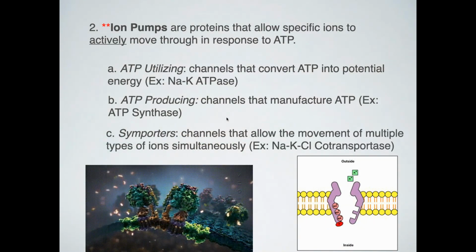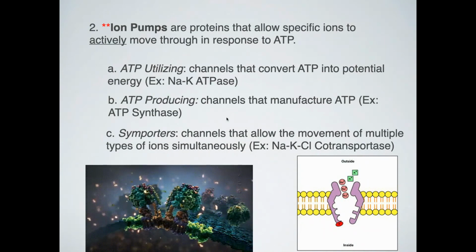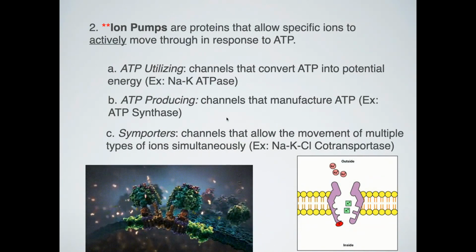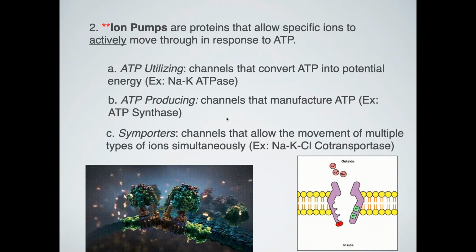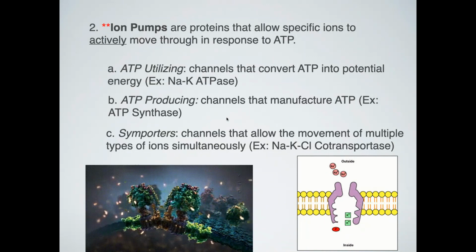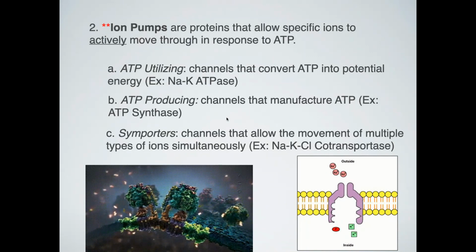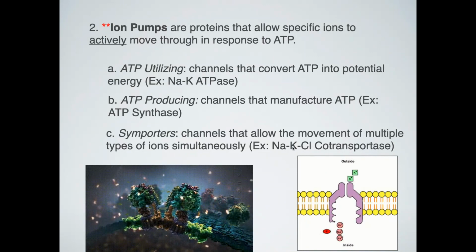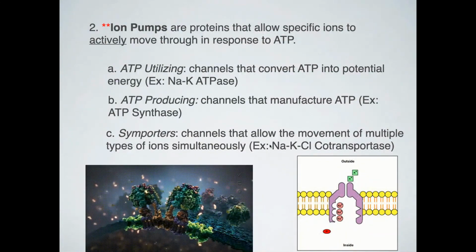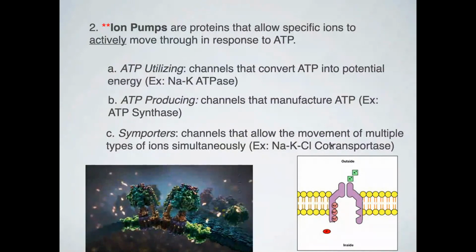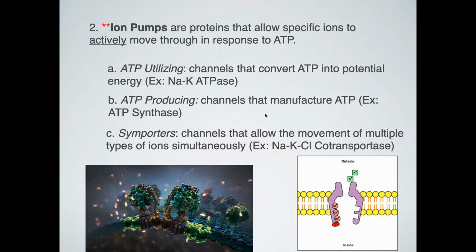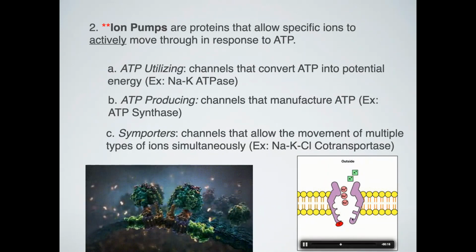All right. Symporters. Symporters are channels that allow the movement of multiple types of ions simultaneously. There really aren't any super simple examples of symporters, but here's one. We've got sodium, potassium, chlorine cotransportase. It allows all three of these to move through, and it does cost energy. And you might think, hey, why isn't the ATP utilizing one an example?